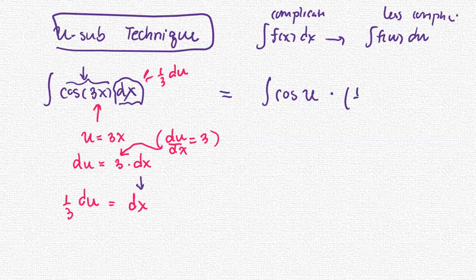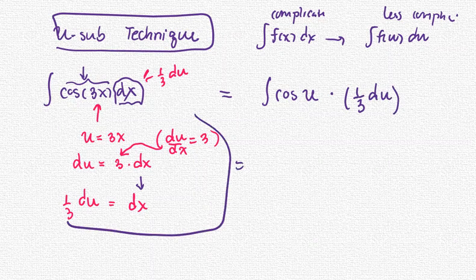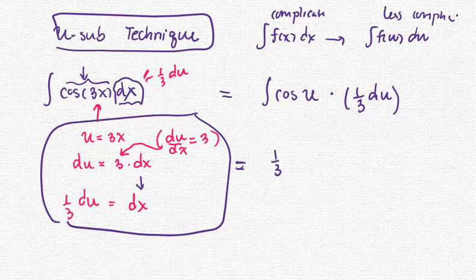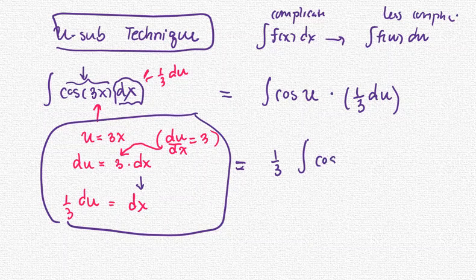And after that, you just manage the term that you have or rewrite it in a manageable form. So the coefficient 1 over 3 can be brought to the front of the integral sign. Now we have 1 over 3 multiplied by the integral of cosine u du.